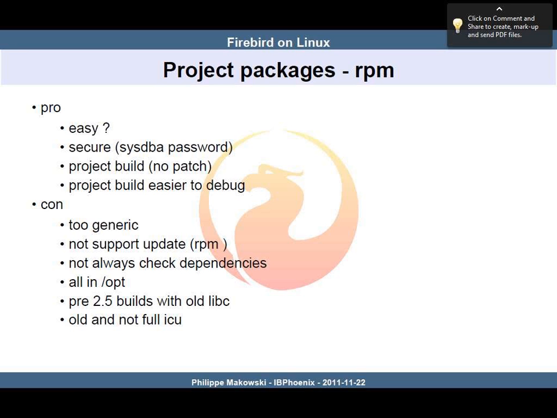It does not always check dependencies correctly. It puts everything in /opt. Pre-2.5 builds of Firebird are built with an old libc, so you have to check the dependency and have it. And like other packages provided by the Firebird project, it uses an old and not full ICU.